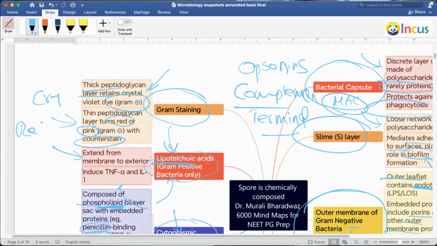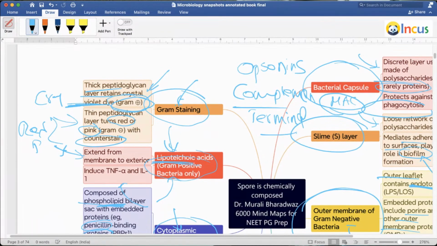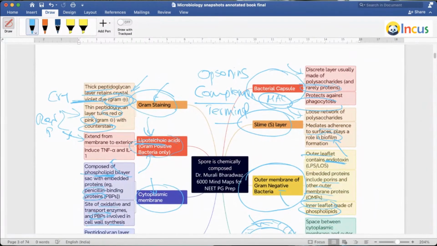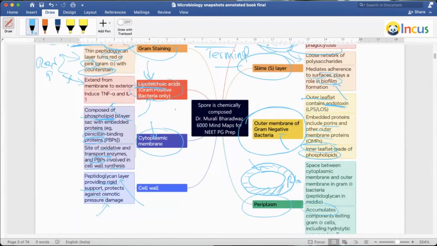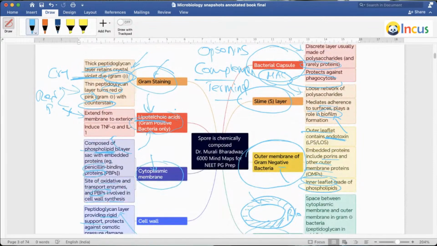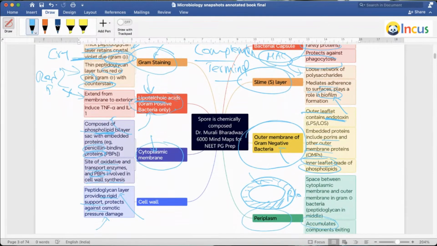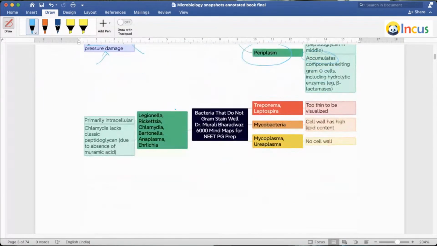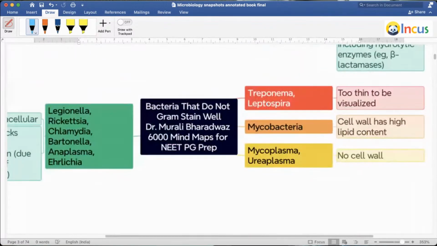So red and pink is gram-negative, gram-positive is violet in color. That is all the funda of gram staining. So in this one mind map, you get everything and are ready to face any MCQ on the cell membrane, gram-positive organisms, gram-negative organisms, what is peptidoglycan. All these things, you are now ready to face any MCQ.